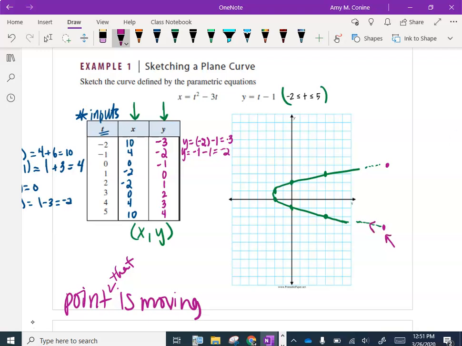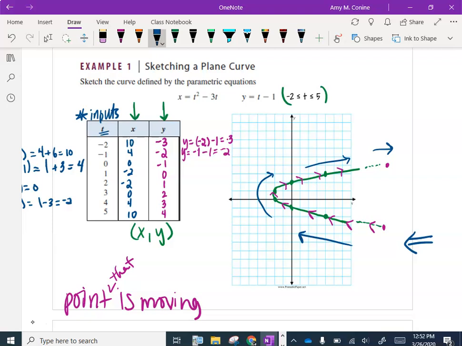Our point is going to continue through that path because the next point that we hit is when t is -1, so (4, 2). And we continue on that path of that time. So the motion of the point comes from this direction, moves through my function, curves around and goes back this way.